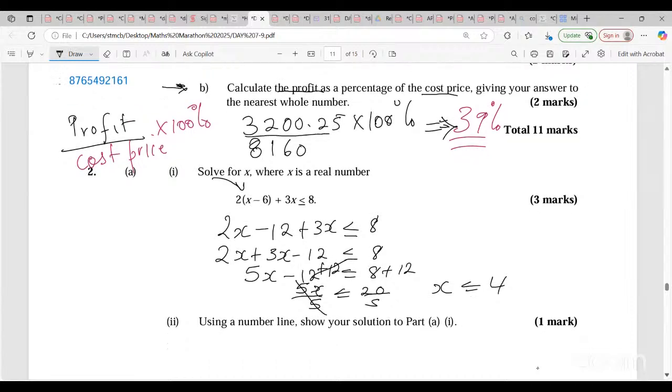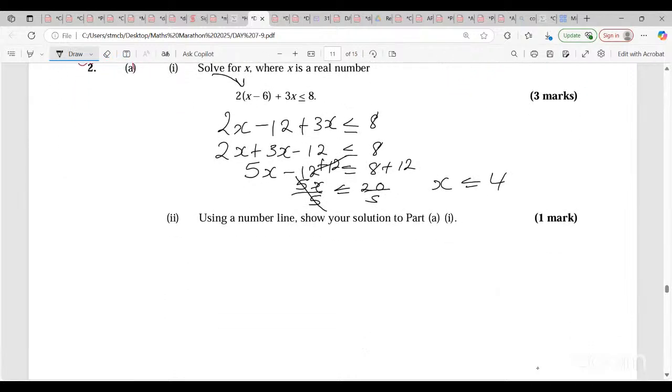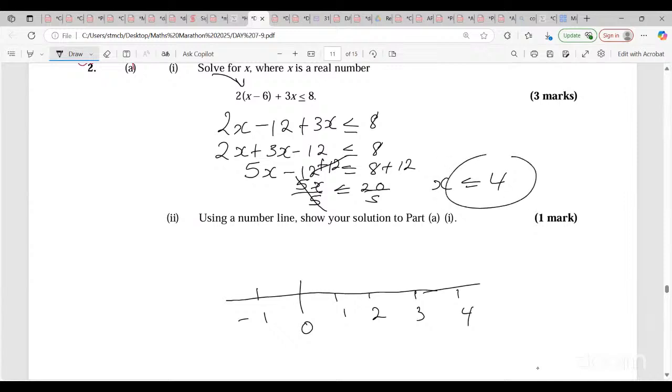All right, so it's using a number line to show. You guys can do that in your chat. So let me just do that. So we do less than or equal to 4. So we could just drop a 0 there. So we understand the number line, right? We have a 1, a 2, a 3, and a 4. So less than, we go to 4, right? We need to know if it's supposed to be blocked out or open.